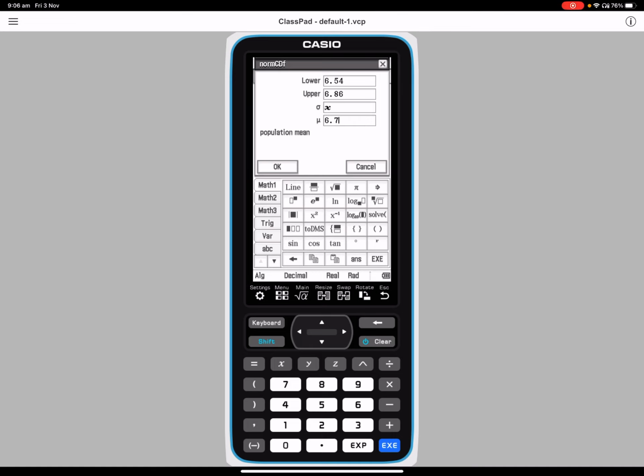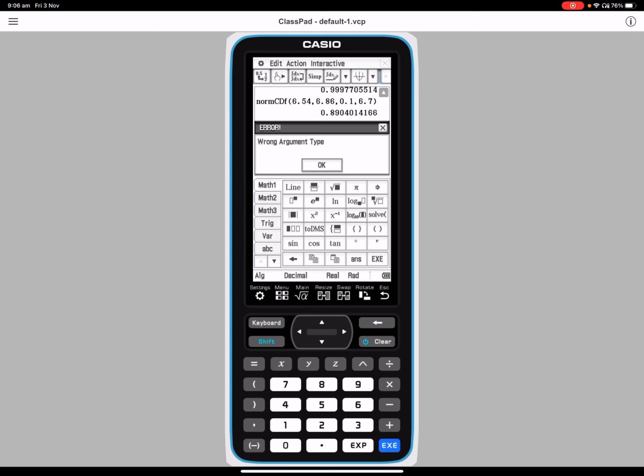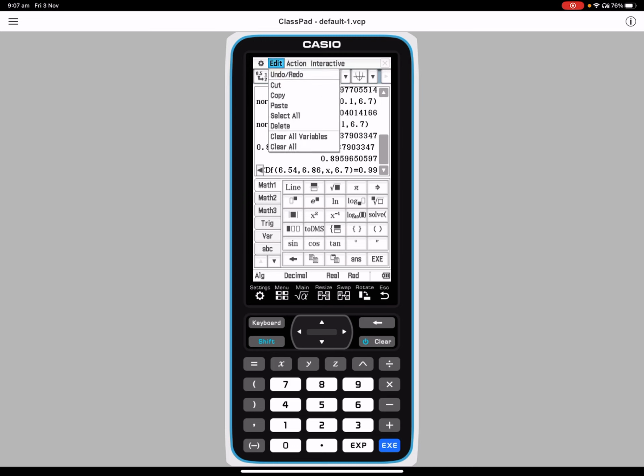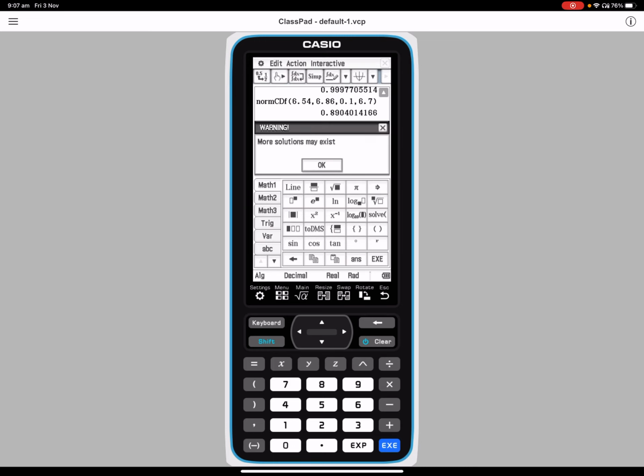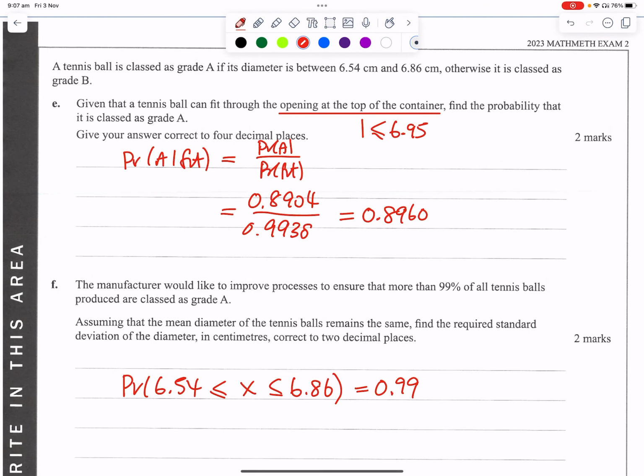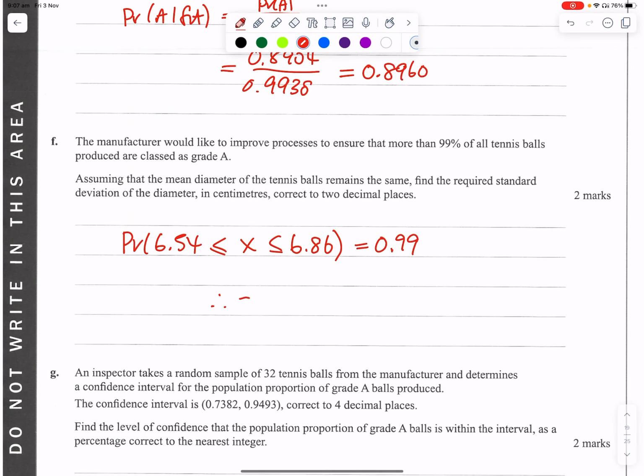Our mean is 6.7, and that's exactly halfway between those two. So we could use symmetry, but if I let that equal 0.99 and I solve for the standard deviation, we get 0.0621, so it's 0.06.